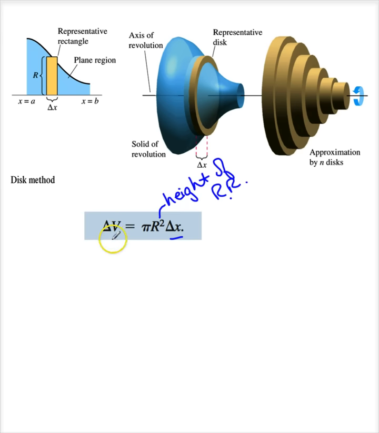So if I have a thin strip and I rotate it about this axis right here so that I get this disk right here, then the volume of this solid disk is pi r squared delta x. And if I add up all the delta v's, this will be adding up pi r squared delta x.